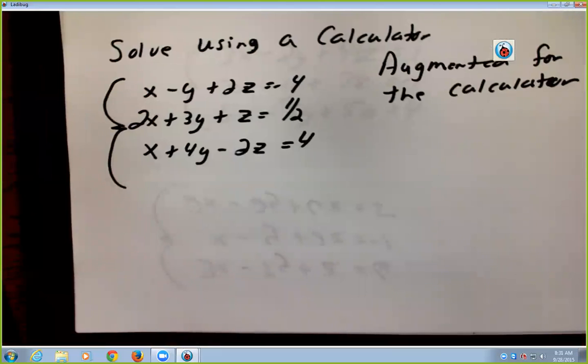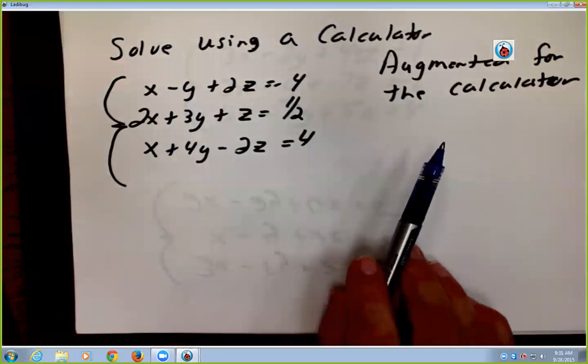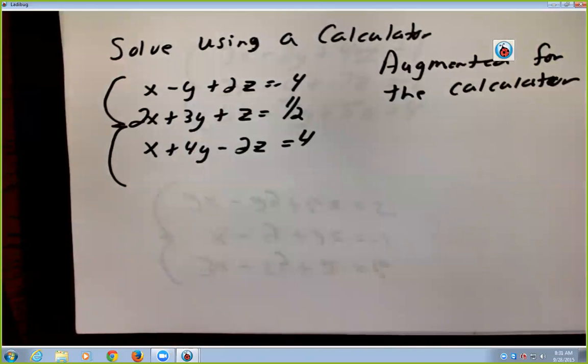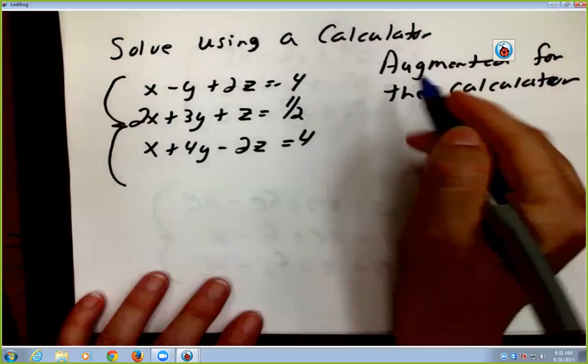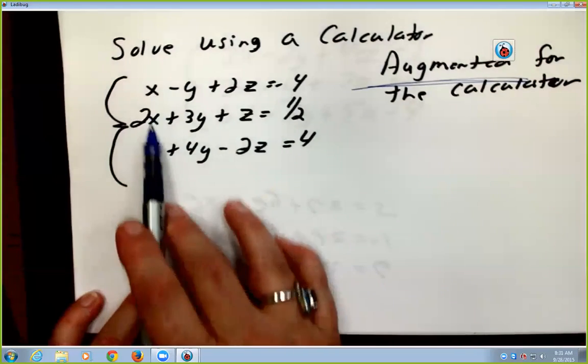It is a 3 by 4, and because it's a 3 by 4, it ends up being augmented. If we augment it, that means what we're putting in our calculator.